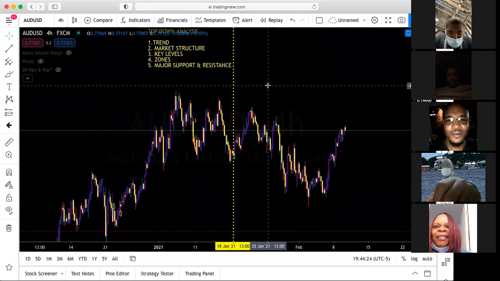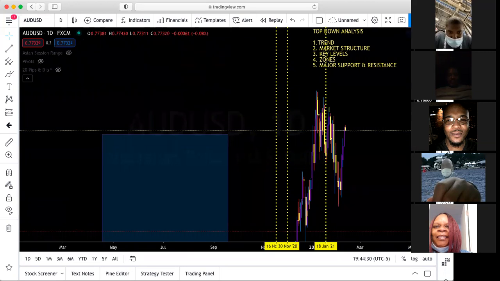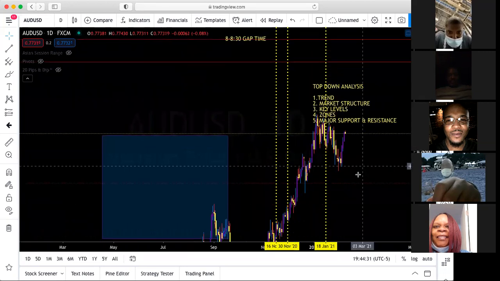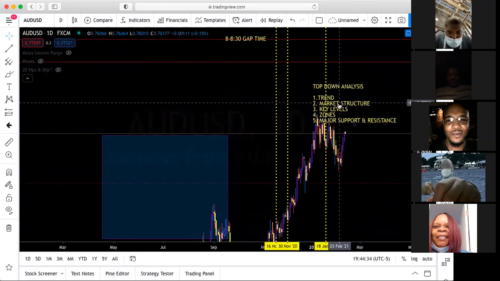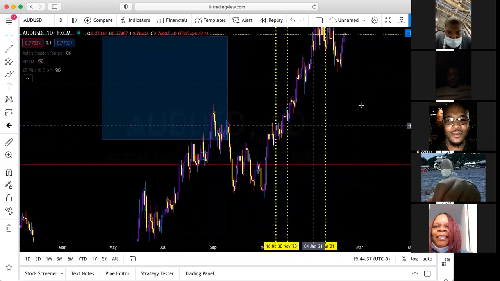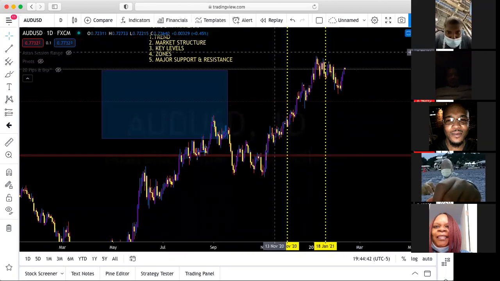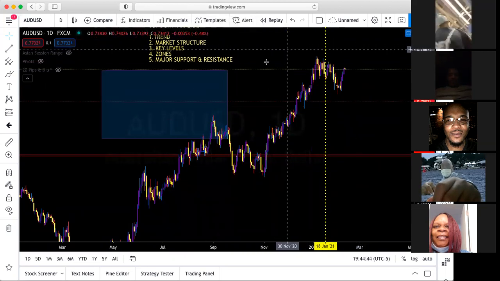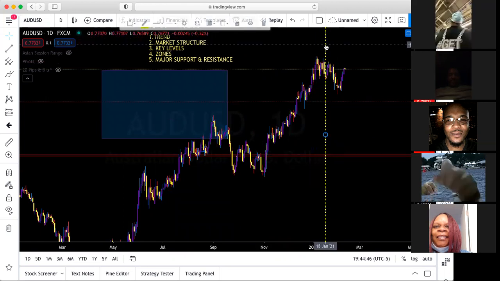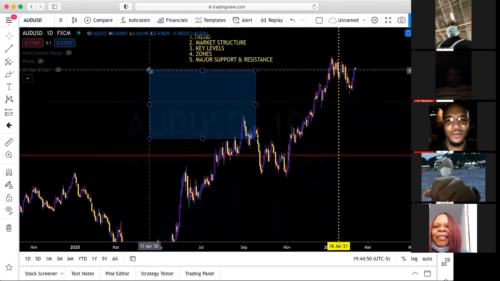Sometimes you really can't tell on a 4-hour chart, so you have to go to a day chart, a higher time frame, so you can get the gist of the overall. Because this could be a pullback or a Fibonacci retracement, which we'll talk about in a little while. Let me clear off some of these and give a straight chart. I'm going to leave that right there, that's my day.